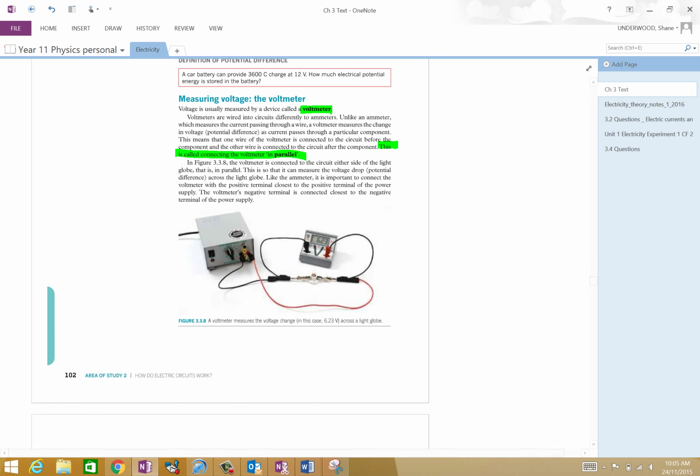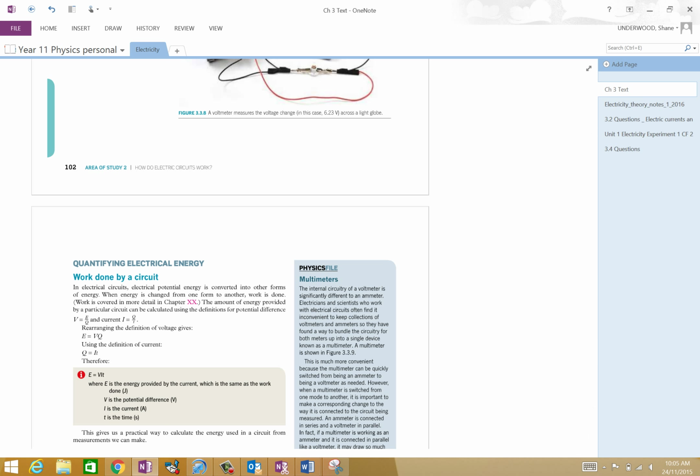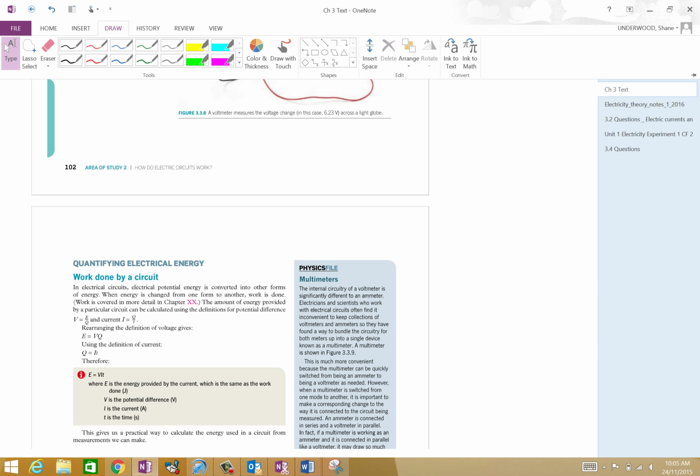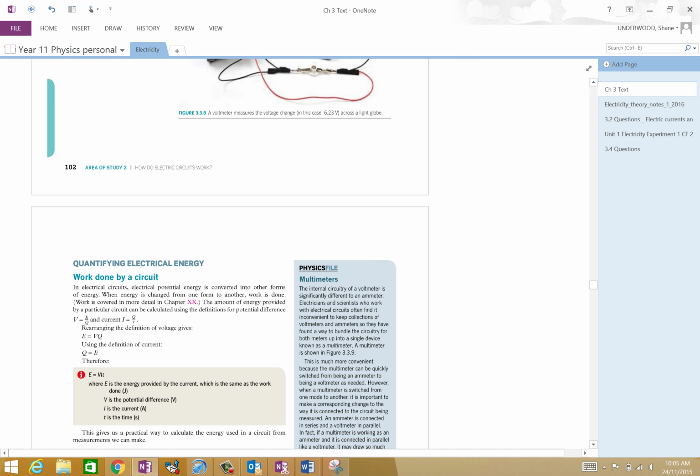Now, I've introduced you to this formula, V equals E on Q. That's all well and good, but what was the relationship for current? It's the rate of flow of charge per unit time. Now, what happens if I rearrange this formula?